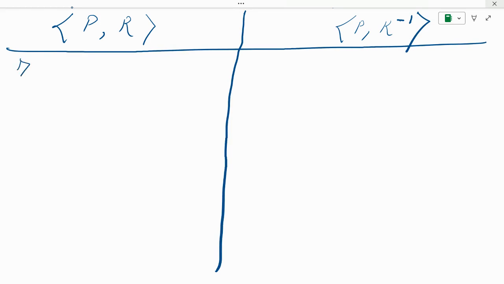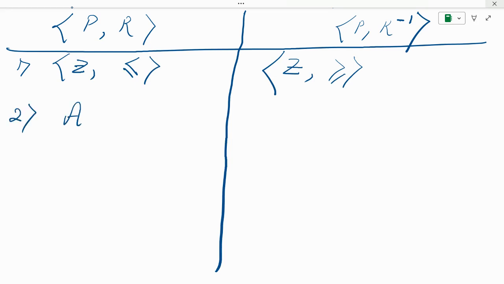In the very first, if we have Z with less than or equal to, its inverse is Z with greater than or equal to, and both are posets.